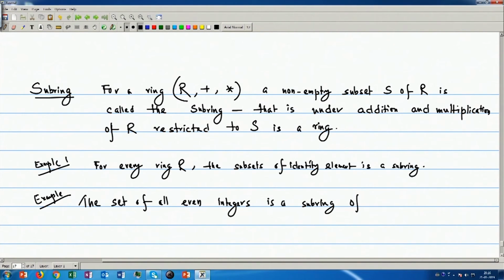Of Z plus star, where Z is the set of integers. Or even I can take the set of positive integers.